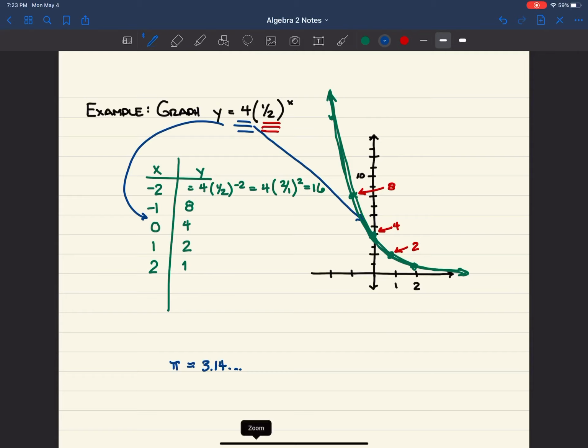A number that comes up with exponential functions and exponential growth and decay is a number that we call e, or Euler's constant, that is approximately 2.718, and it continues on and on forever. But again, there's a good video in Schoology. I recommend you watch it. It talks a little bit more about this e value and where it comes from.